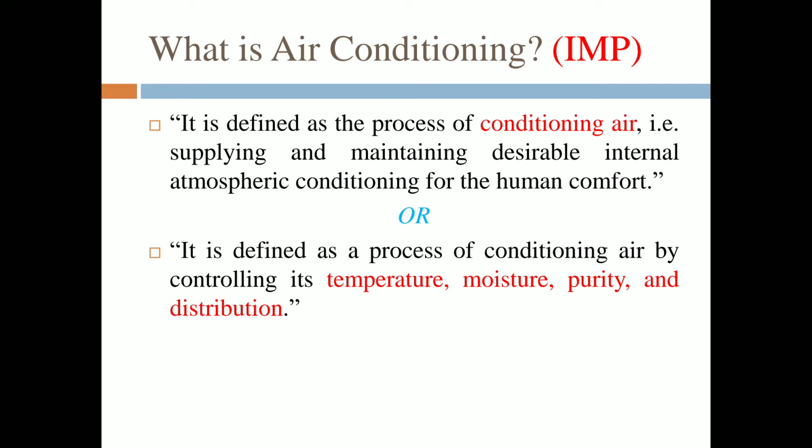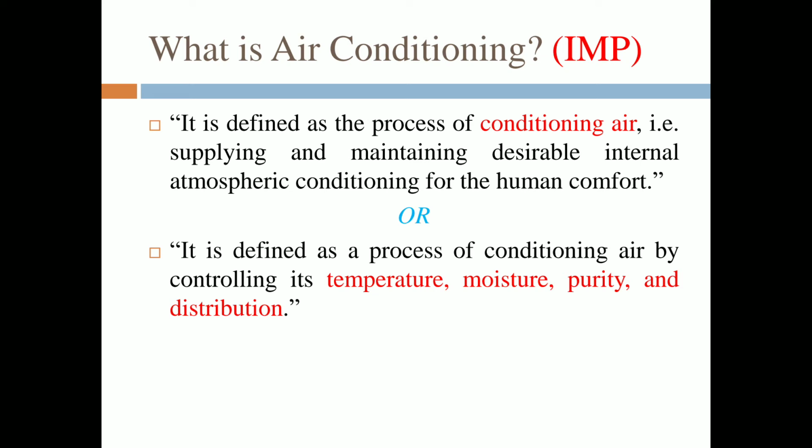So if you compare the air conditioner and the desert cooler which is available in the market, the desert cooler is not an air conditioning. Only AC is known as air conditioning. The reason is that in the desert cooler we are not controlling any moisture, we are not controlling the temperature, we are not controlling the purity and distribution.